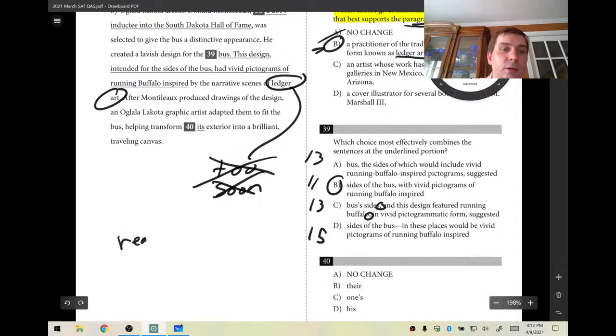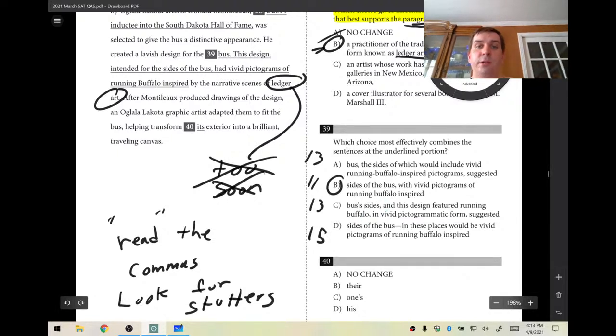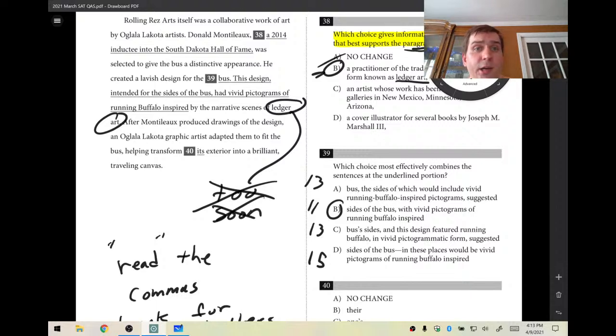Read the commas. Look for stutters. I'm going to exaggerate these commas for answer choice C. Let's exaggerate the stutters. He created a lavish design for the bus's sides, and this design featured running buffalo in vivid photographic form.